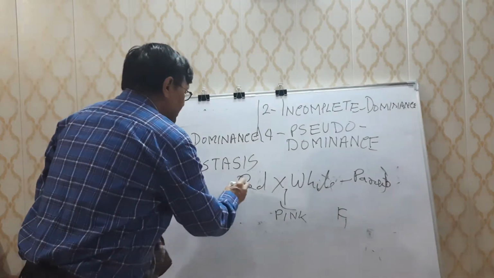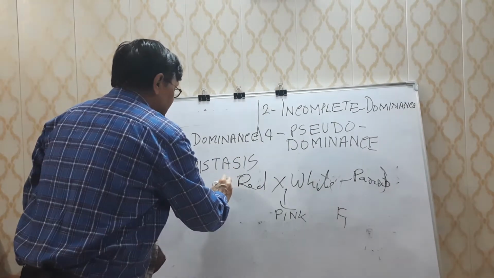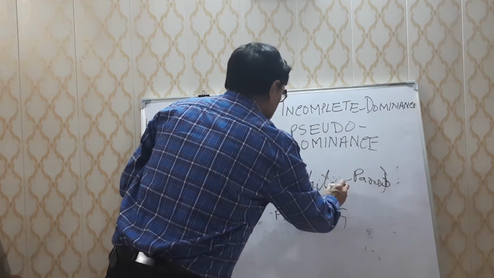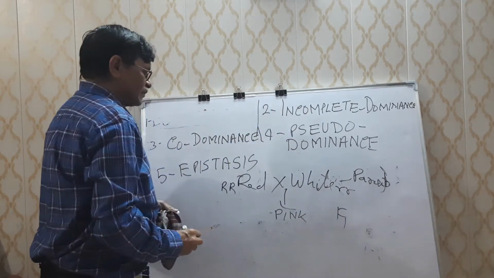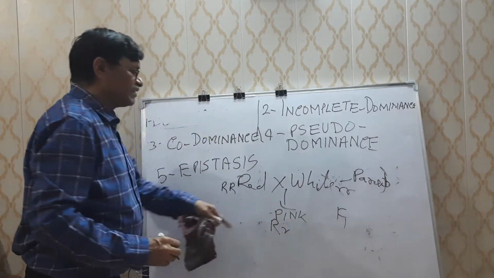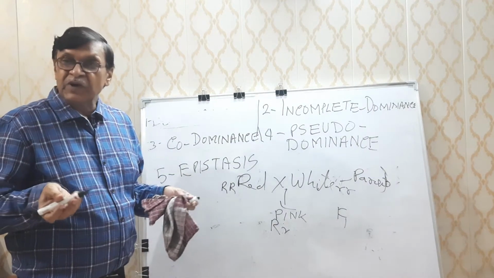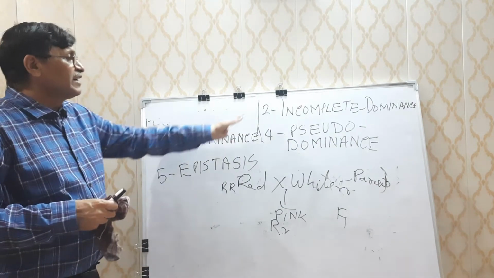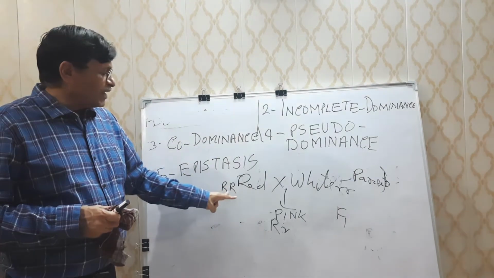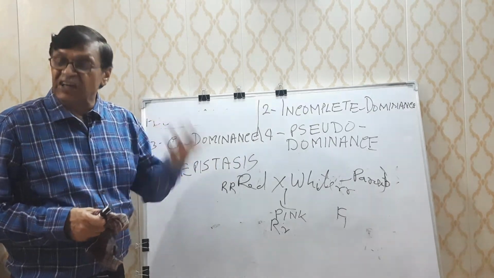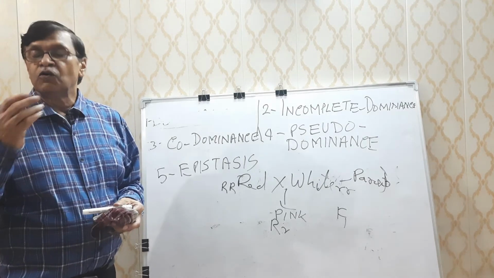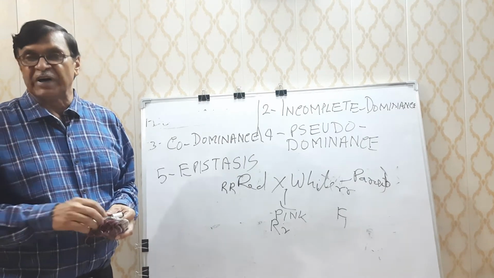So here the red plant contains 2 factors for redness, the white plant contains 2 factors for whiteness. Here 1 factor for redness, 1 factor for whiteness, its phenotype is pink. So here the dominance is incomplete. Although capital R is dominant, its dominance is incomplete. So it is called incomplete dominance. It is found in case of 4 o'clock plant Mirabilis jalapa.